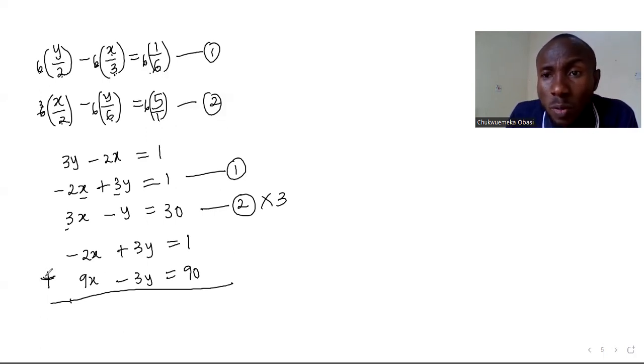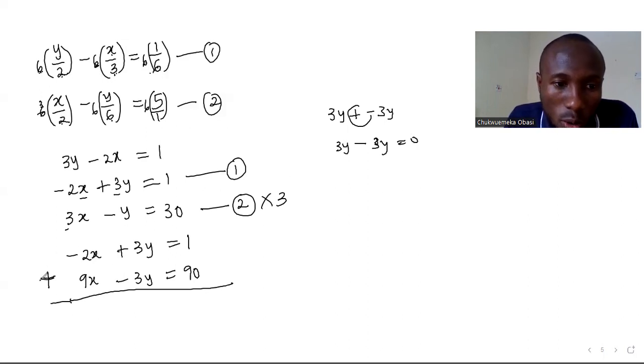We have 3y, positive 3y is still 3y. Then you've got plus minus 3y. Plus minus is the same as minus, so you got 3y minus 3y, and that will give me 0. So you see addition works now.